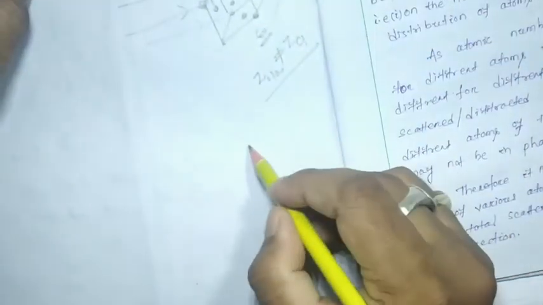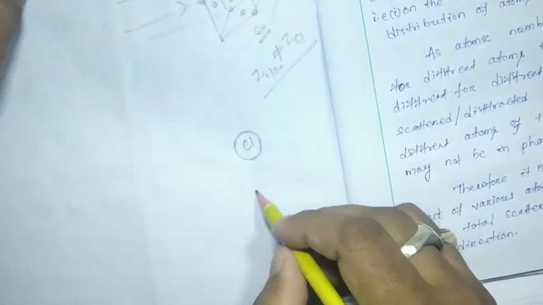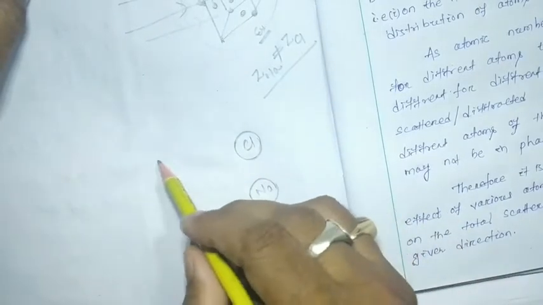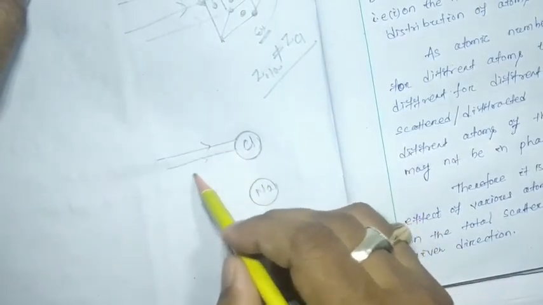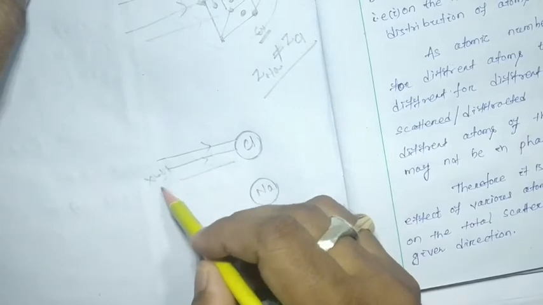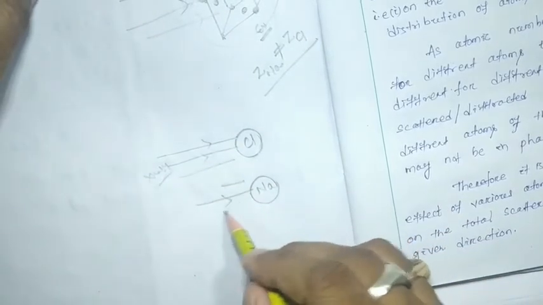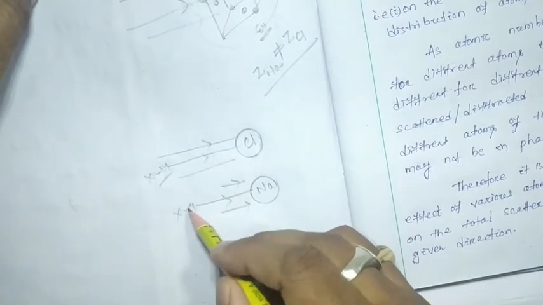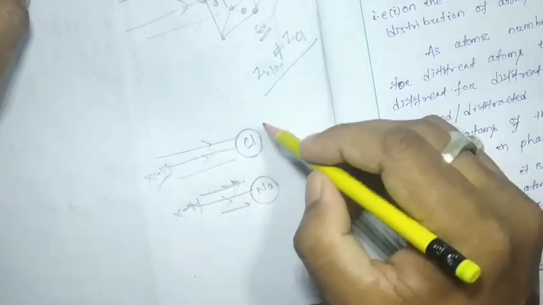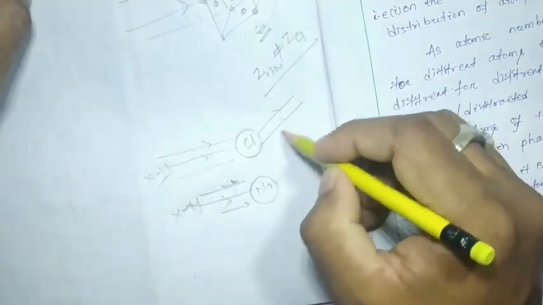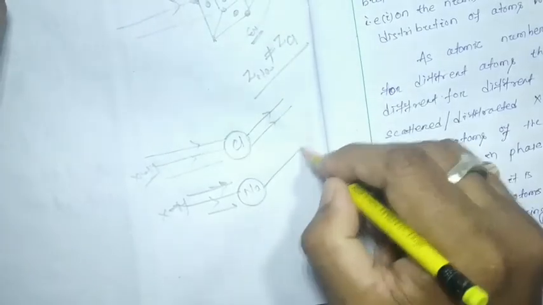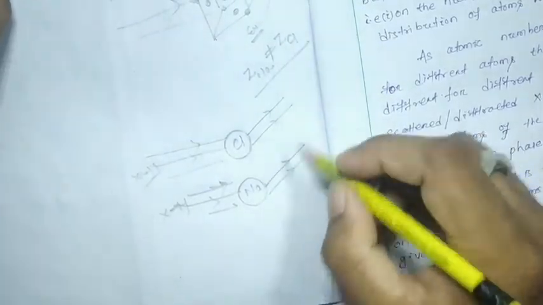Suppose this is a chlorine atom and this is a sodium atom. If the same intensity of X-ray is incident on sodium and chlorine, then the diffracted intensities from the chlorine and from the sodium are not equal.